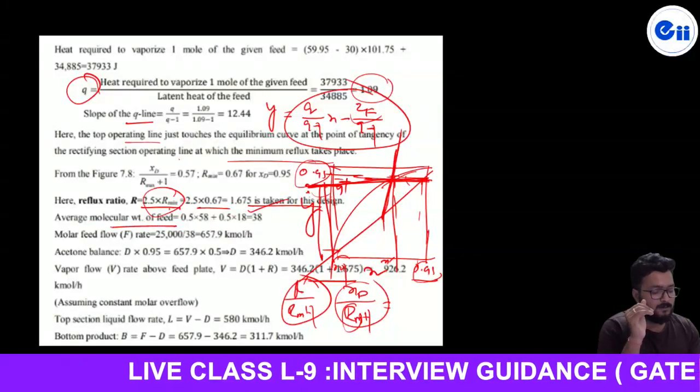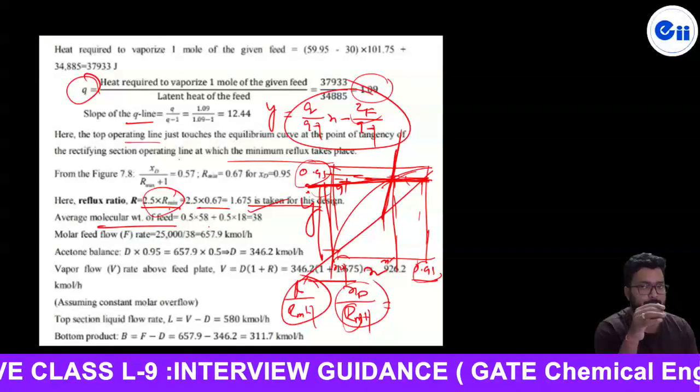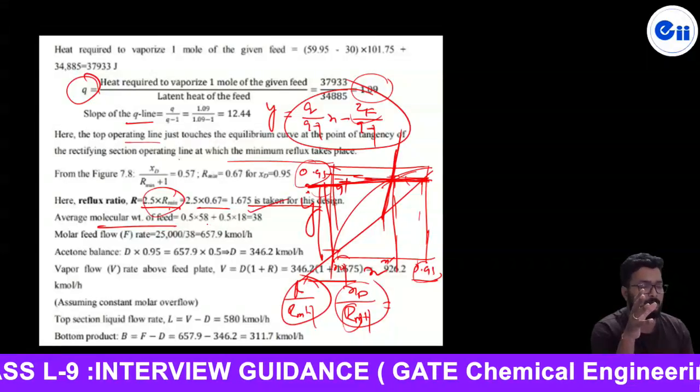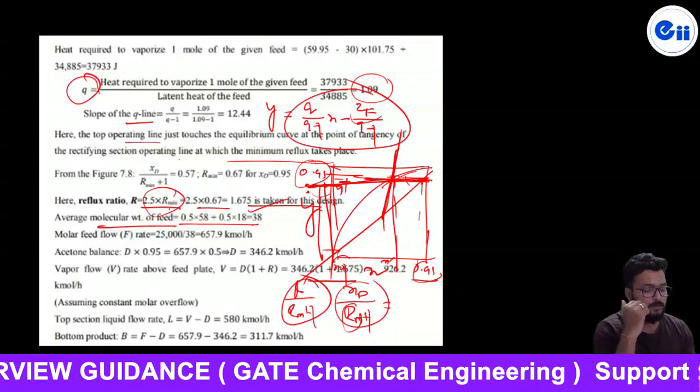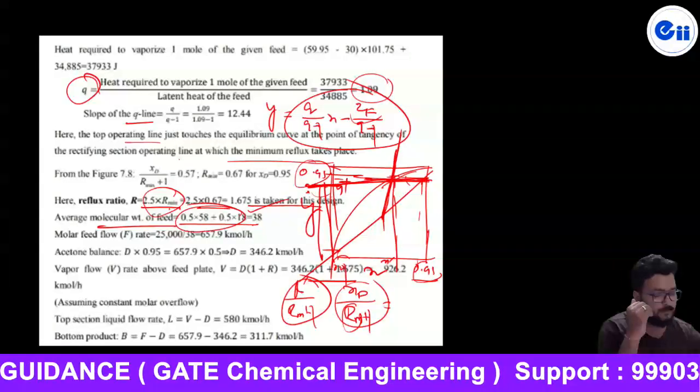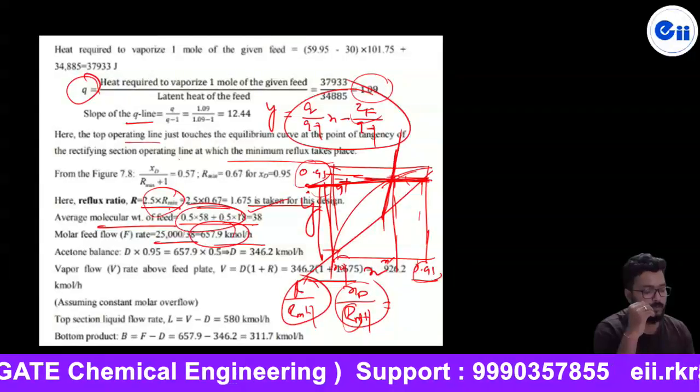Now the average molecular weight of feed we can calculate here, because the feed is given in kg per hour, and all the compositions are given as mole fractions. That's why it is very important to change to moles, so we write the average molecular weight, and dividing by the average molecular weight will give the molar flow rates in kilomole per hour.